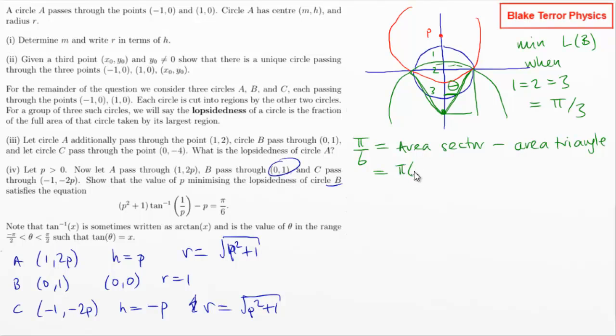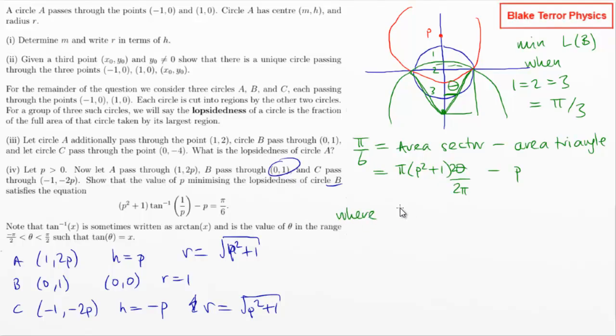So pi times p squared plus 1. That's the area of the whole circle multiplied by 2 theta, because I've done half of the angle of the sector, divided by 2 pi. So that's the area of the sector. We can come back to theta. And then we have to take off the area of the triangle, which is going to be p times 1, p. Okay, so that's easy enough.